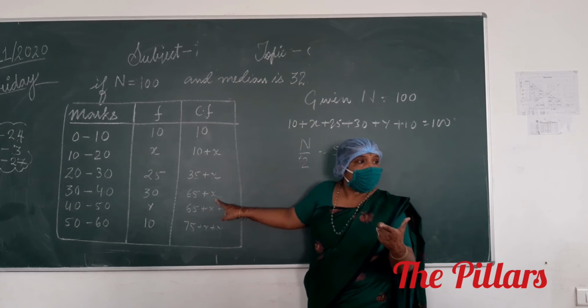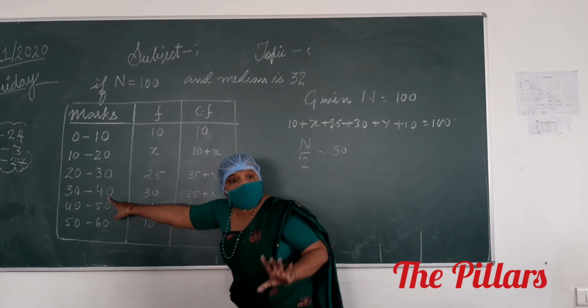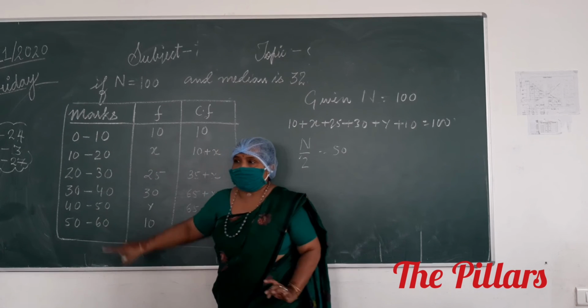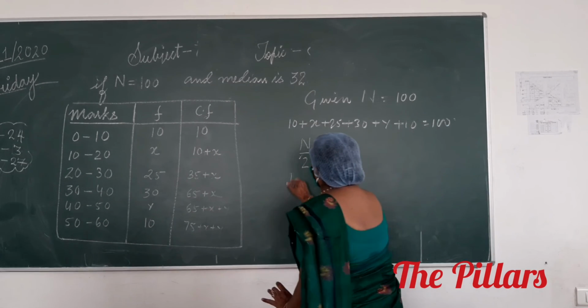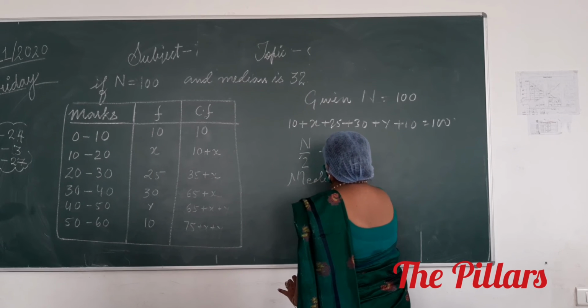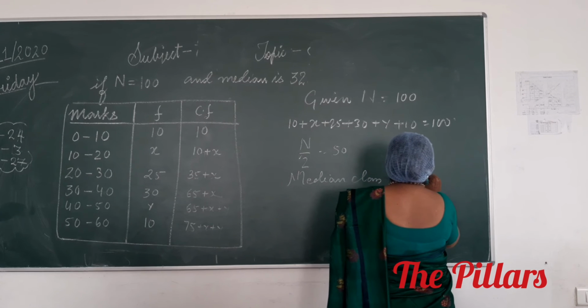So what is your median class? 30 to 40. Right. Median class 30 to 40.